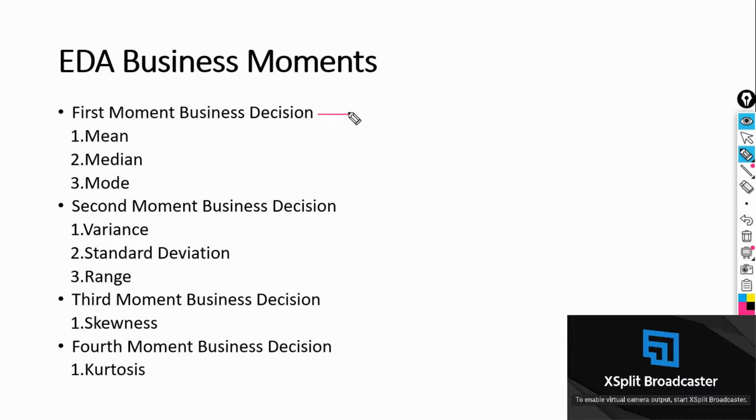First moment, what does it measure? The center value. Yes. Second moment, what does it measure? Spread from center. Okay, this is also done. Now comes the third moment business decision.